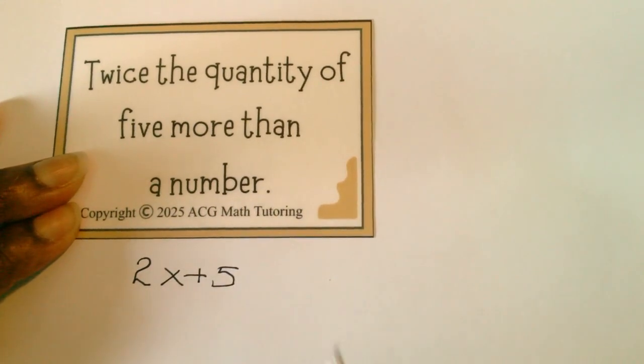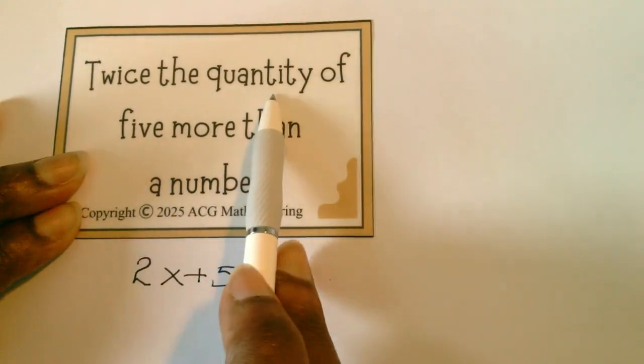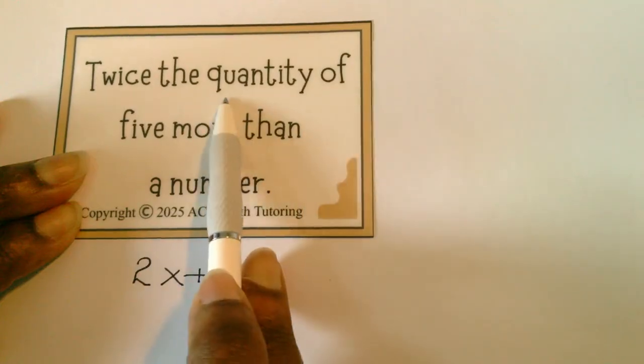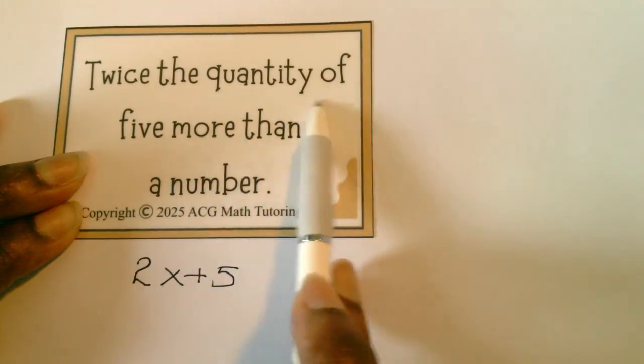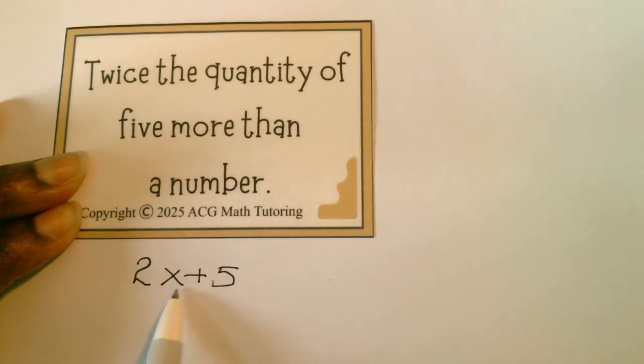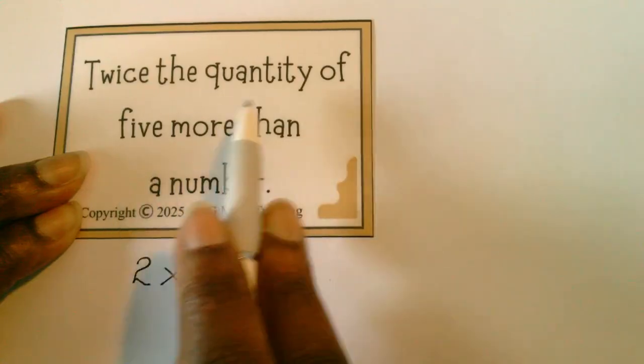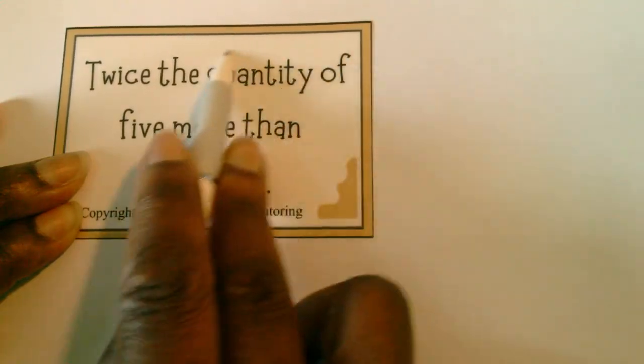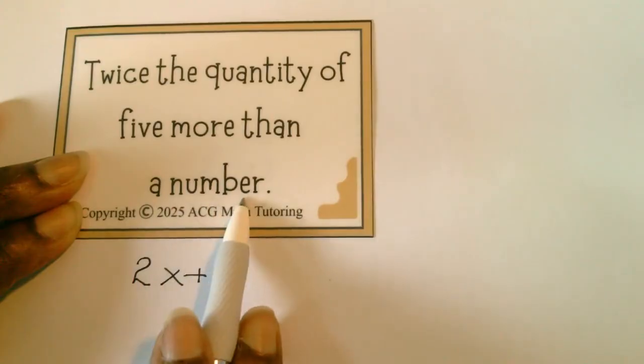Okay? So it says twice the quantity of. Anytime they say the quantity of, the product of, the difference of, that means there's something happening among 2 things. But that twice is an add-on. There we go. So that twice is an add-on. But then what's actually being held together is 5 more than a number.